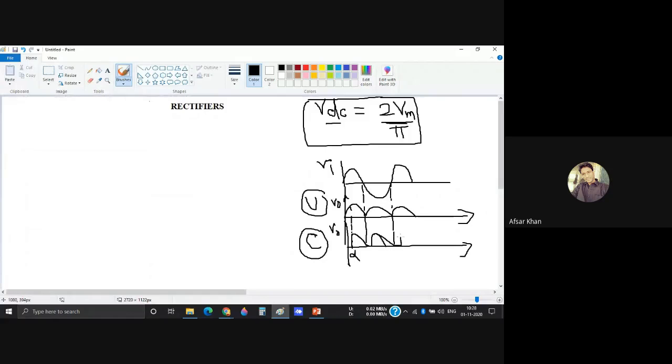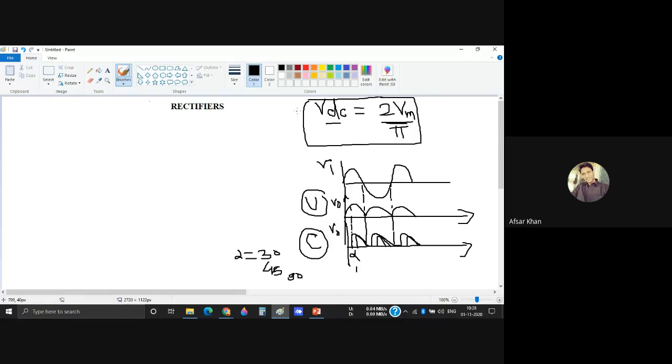By controlling this firing angle, you can control the output. Suppose I can make alpha equal to 30 degrees, 45 degrees, or 90 degrees, whatever you want to take. From that point, your output will start like this.